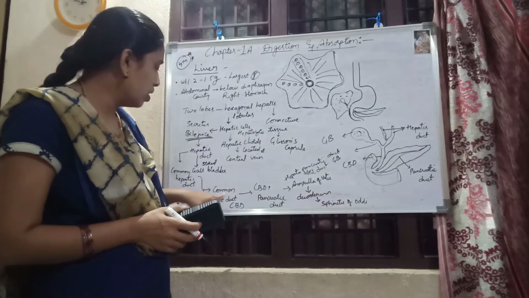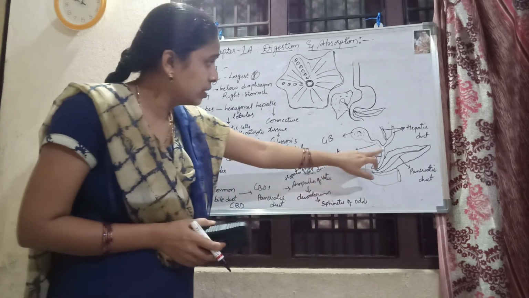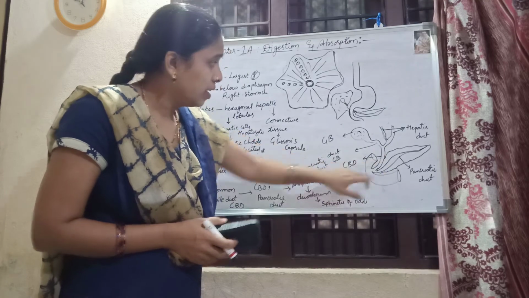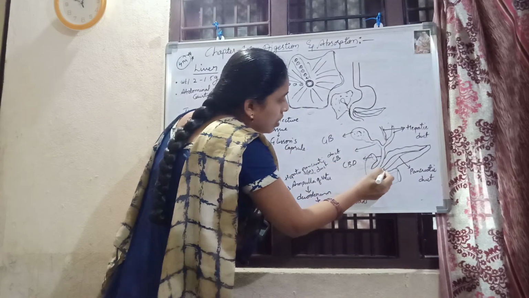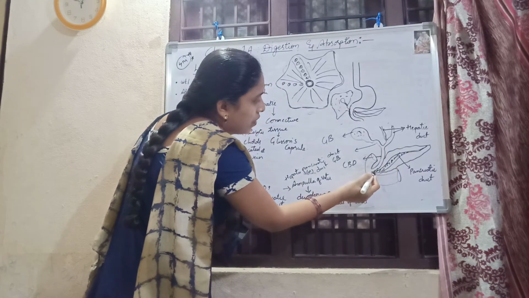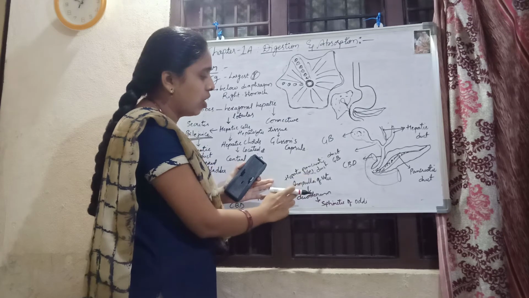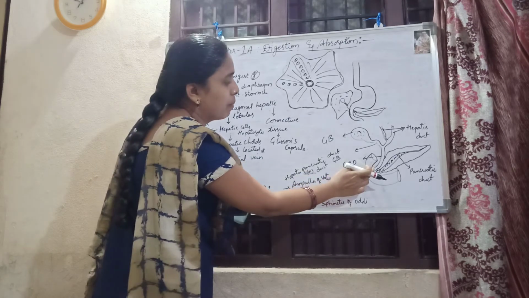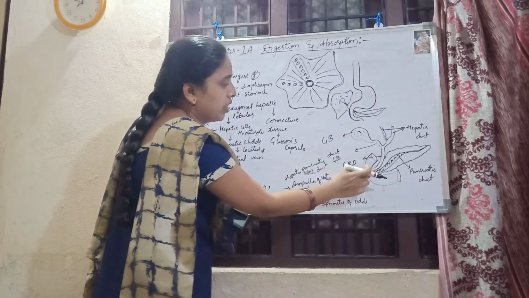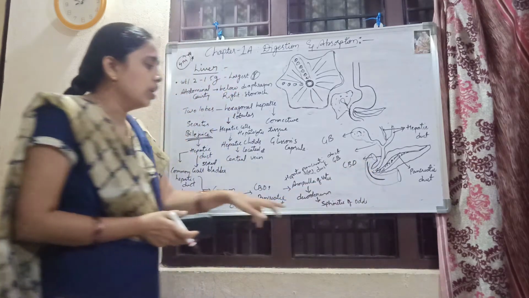What does it come out as? The common bile duct. This is united with the pancreatic duct and opens into the hepatopancreatic duct, or ampulla of Vater, and finally opens into the duodenum, the U-shaped tube.